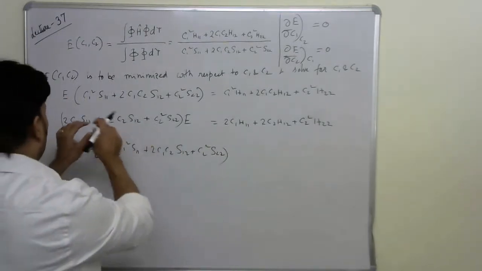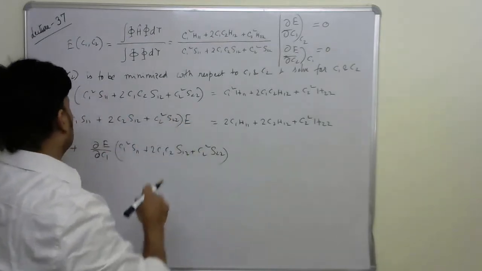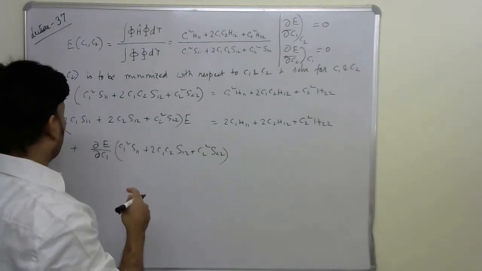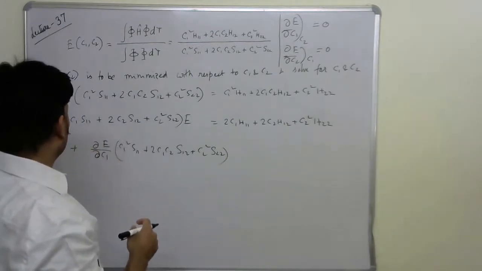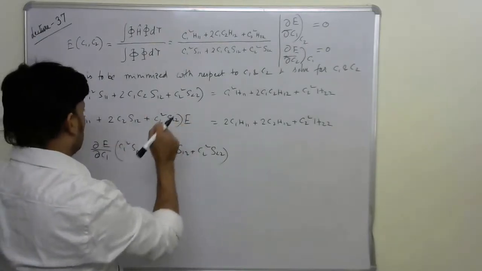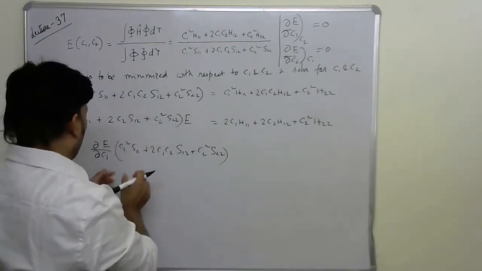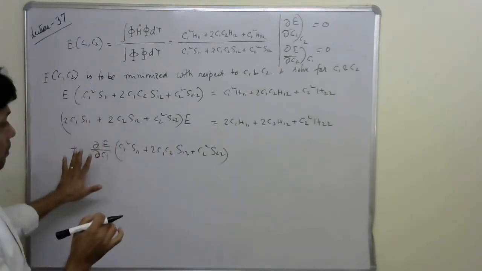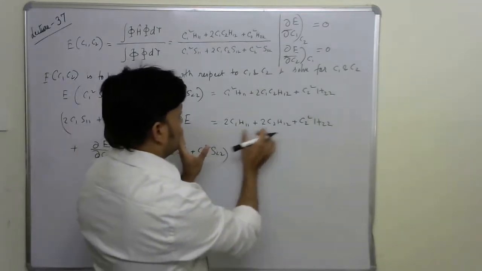So this is the product, and once we are taking the derivative of it, by taking E fixed we have taken the derivation of this with respect to C1, and then again by keeping this part fixed, we have taken the derivation of E with respect to C1 is equal to this.